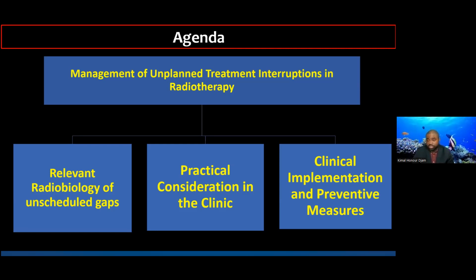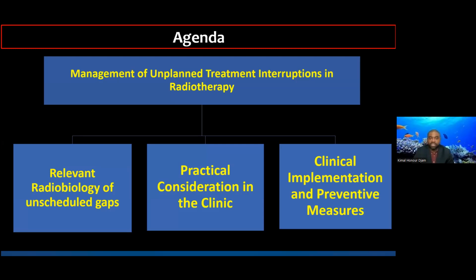I will specifically focus on the LQ model, which in turn will be the basis that will help in calculating the changes in the dose per fraction and the other variables that are important when dealing with extended gaps in radiation therapy.